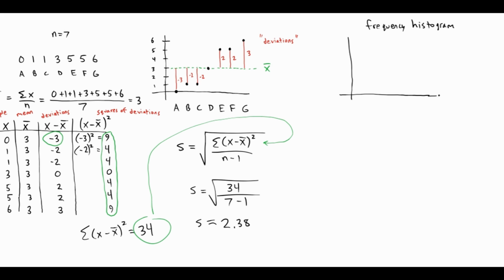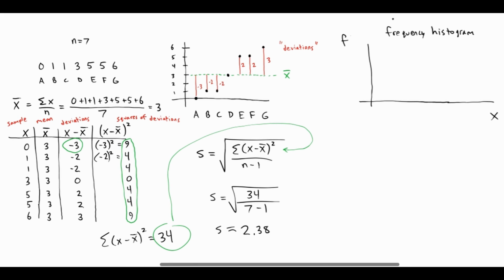So we'll let the x's be on the horizontal, and then the frequency can be the vertical. But let's make it into what's called a relative frequency histogram this time. So the difference is, to find relative frequency, you do f over n. And you can put it in percent form if you do times 100.